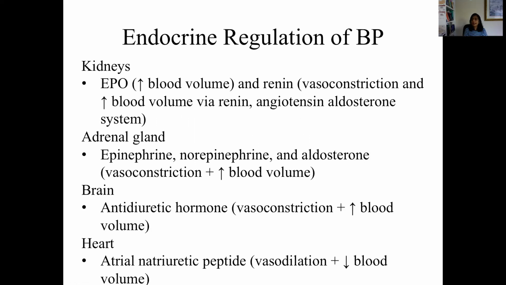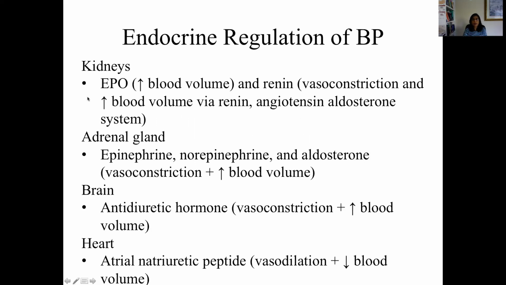Now, endocrine regulation of blood pressure is where you want to look at the list of hormones and their way of controlling blood pressure and blood flow. Which hormones are we talking about? Kidneys. There are two key hormones.